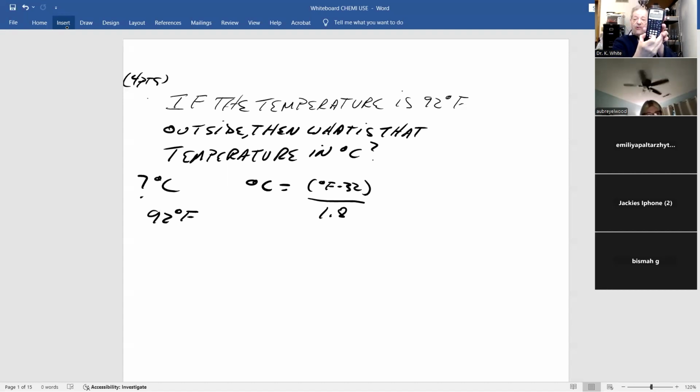Hopefully you all know how to use your calculator. By the way, these problems you can do in scientific notation or regular decimal, it doesn't matter. So I'm going to now, first I'm going to do the subtraction.